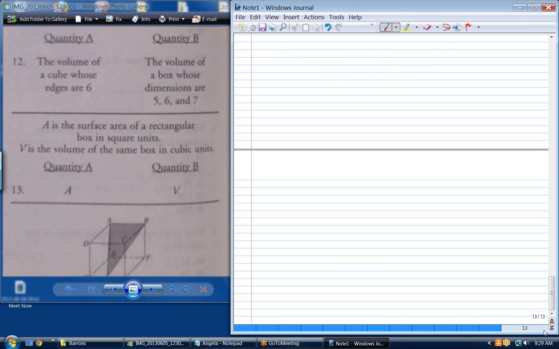I'm going to say they're equal. Okay. Because math is so easy to do here, before you jump to that conclusion, let's do the math. I was going to say the way I was looking at that was a volume of a cube is edge cubed, so 6 times 6 times 6.